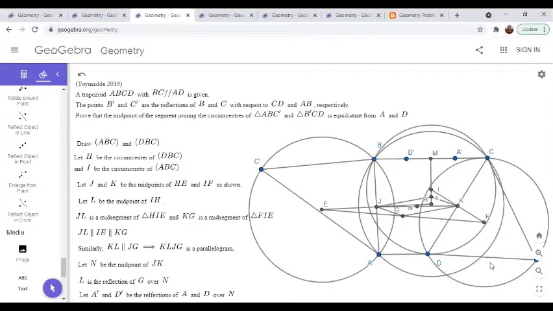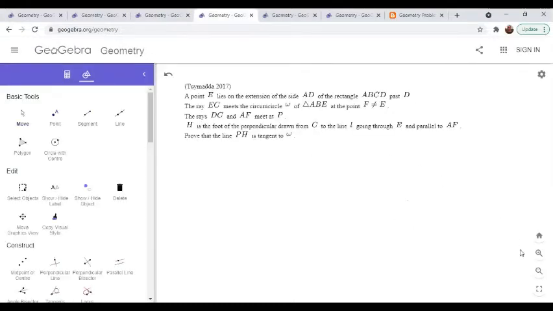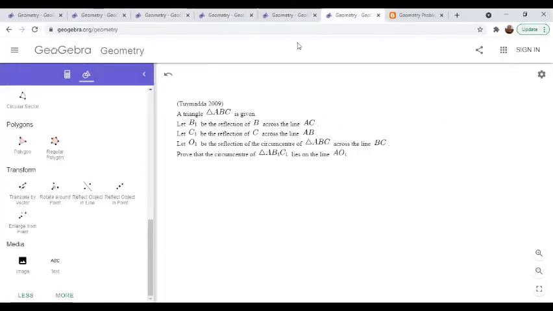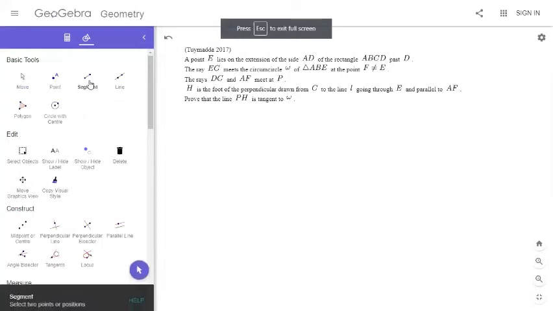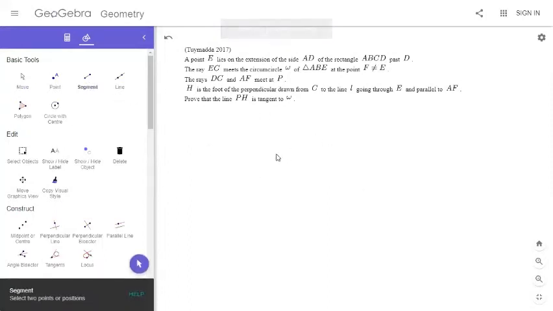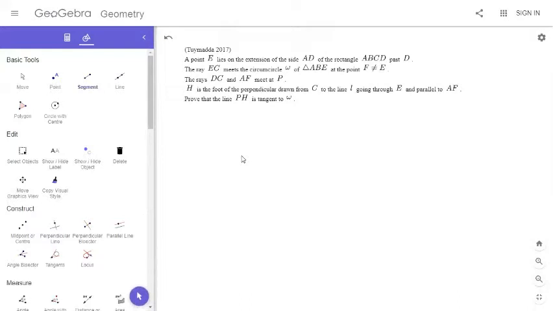All right. Oh, I thought that was our fourth problem for some reason. I guess it was only our third. Yeah, right. Okay, so here we have a rectangle. What's the best way to draw a rectangle?